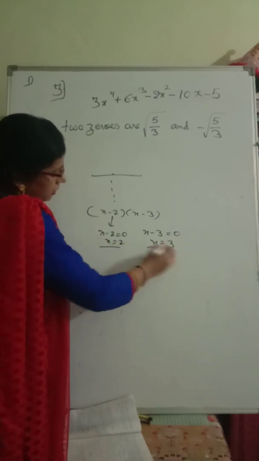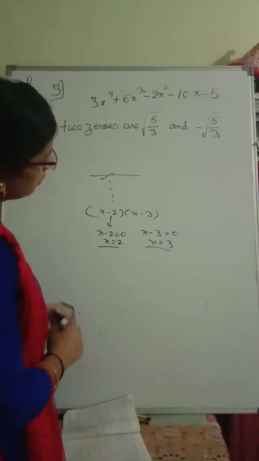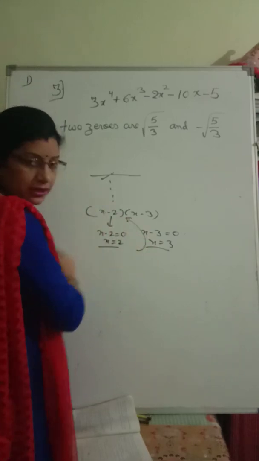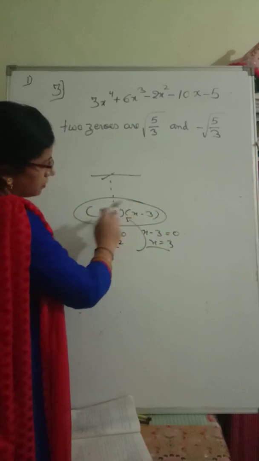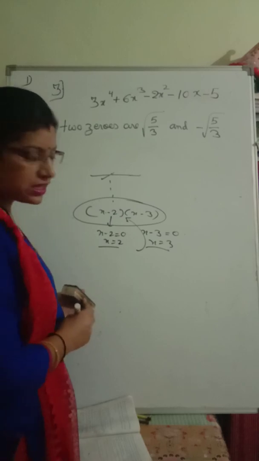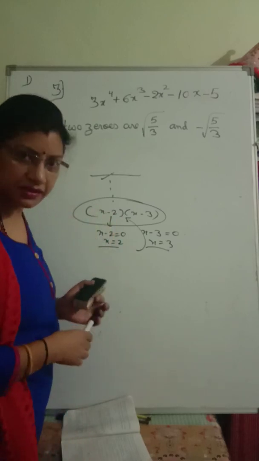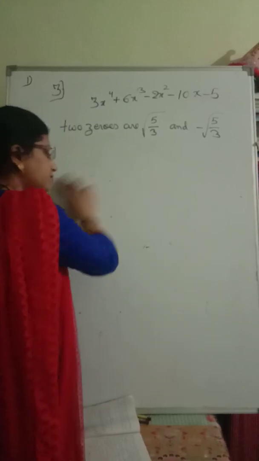Therefore 2 and 3 are the zeros of this quadratic equation. That is how we found them. Before finding zeros, our factors came first, remember? So if we have factors, we get zeros from them. Similarly, if the zeros are given, we can find the factors as well. So the same way we will do here.